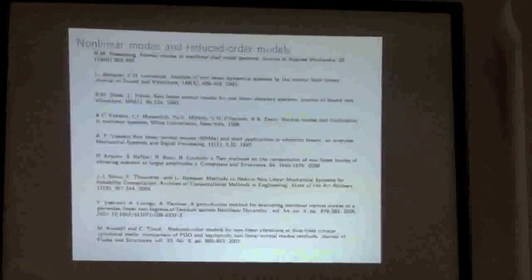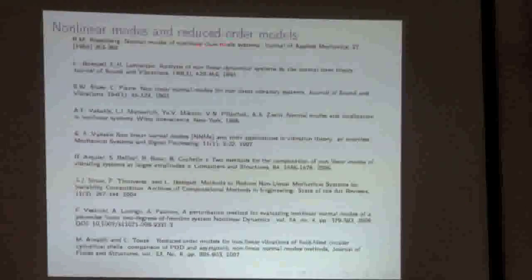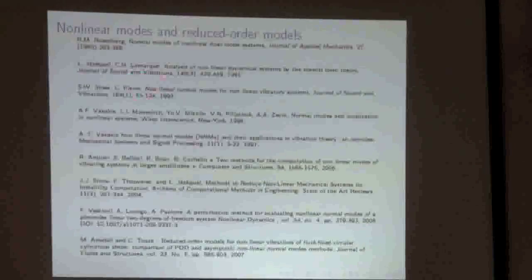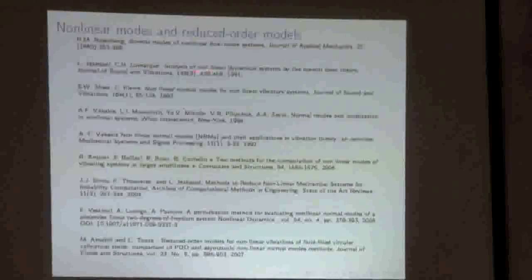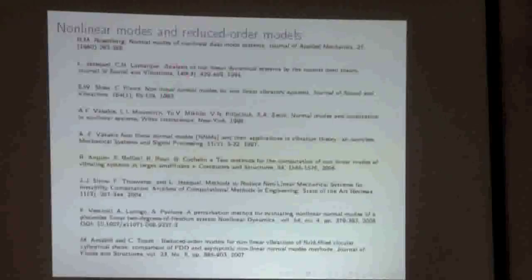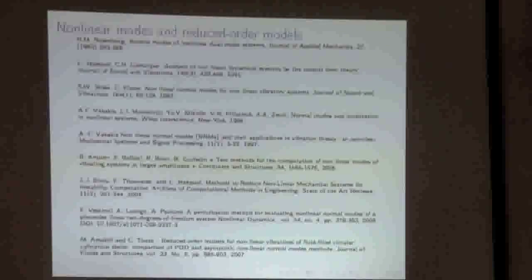Here, Rosenberg is one of the first papers introducing normal modes. Here you have two papers around the same years based on normal form to build nonlinear normal modes, but with weak nonlinearities. The goal here was to build modal superposition. Obviously it is false, but to approximate the modal superposition.